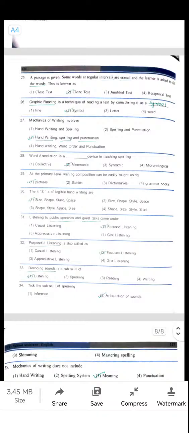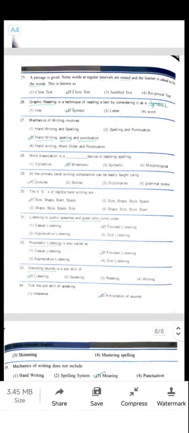Question 29: at the primary level, writing composition can be easily taught using pictures. I already told you primary students usually like the picture dictionary. That's why primary level writing composition can be easily taught using pictures.